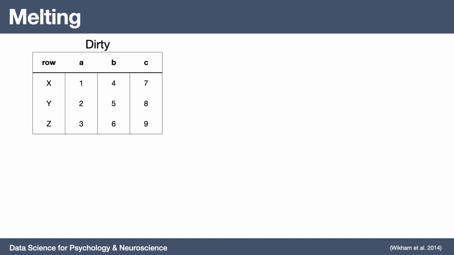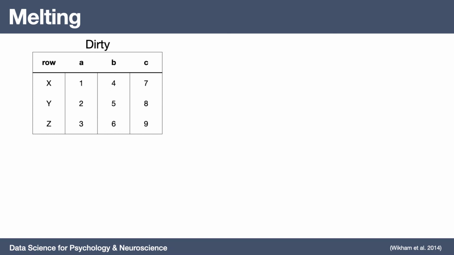Here is a dirty data table. So here you can see in this representation, each column represents a value of a condition. So you have A, B, and C. Now here, what we're going to do, in contrast to the example that I used at the beginning, is we want to have condition be the main observational unit, not individual.